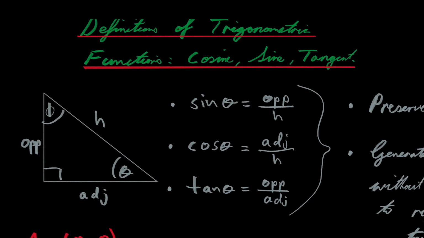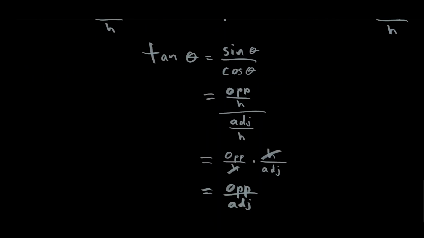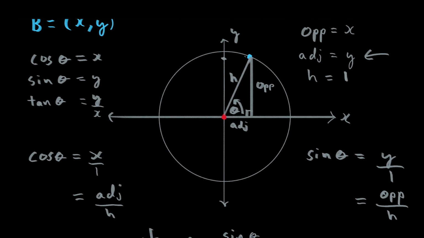Okay, now you might be worried that since we are talking about the unit circle, we always know that the hypotenuse is 1. So you might worry that these unit circle definitions don't always respect the right angle triangle definitions when we are talking about triangles that have a hypotenuse greater than 1.